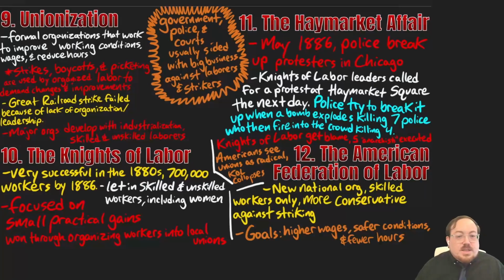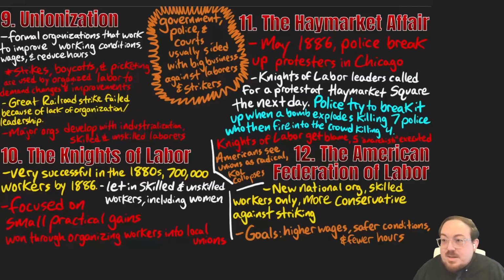So, again, you have the capital side, you have the industrialization side, and then on the other side, you have the workers. There are, again, no protections. There's no overtime. There's no minimum wage. You're going to get paid a terrible wage.